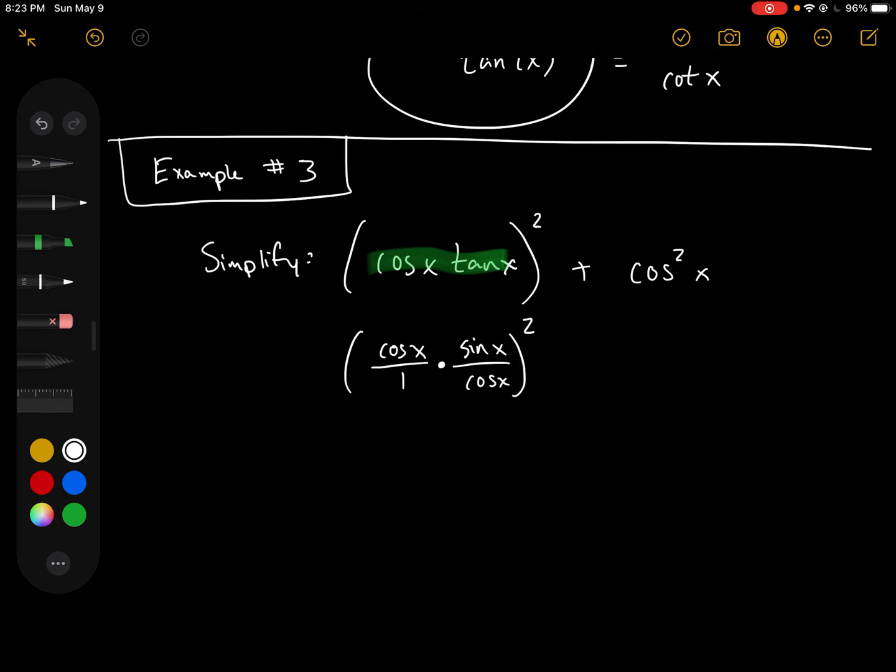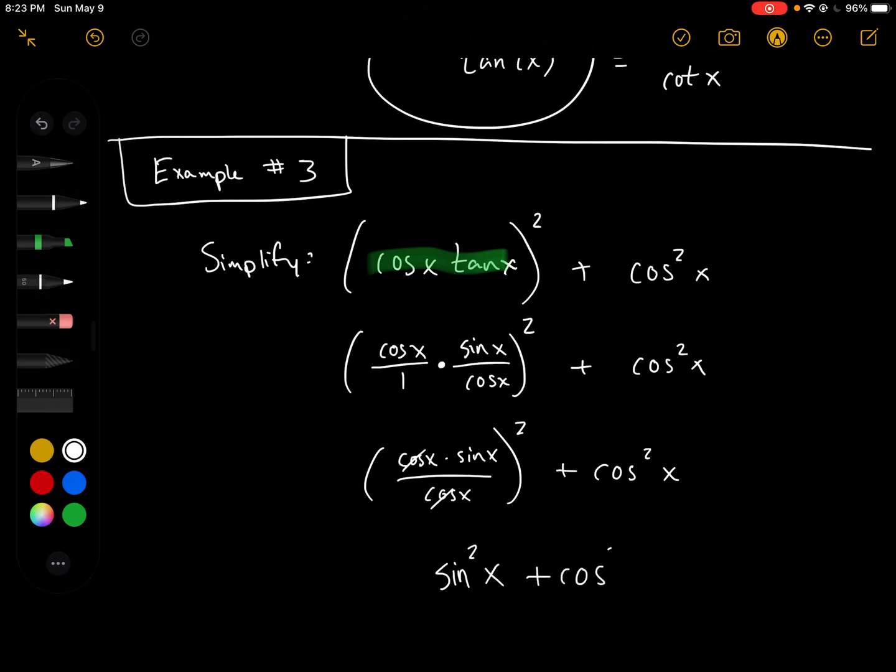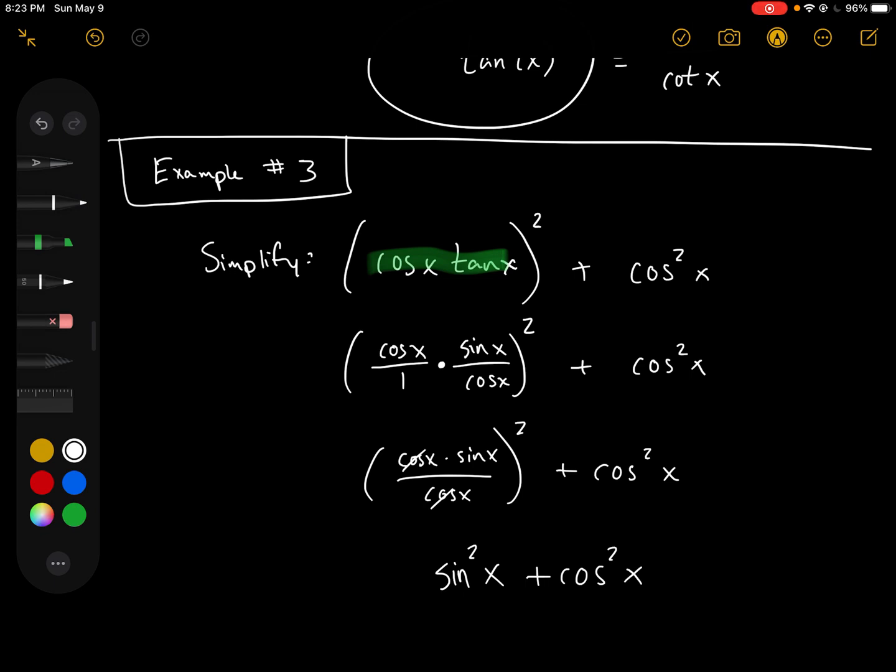And all of this is squared, and we still have to bring over that cosine squared of x. So if we do this, we'll have cosine of x times the sine of x, all divided by cosine of x. And again, still bringing over plus cosine squared of x. Cosine on the top and bottom simplifies to 1, so we're just left with sine of x all squared plus cosine of x all squared.